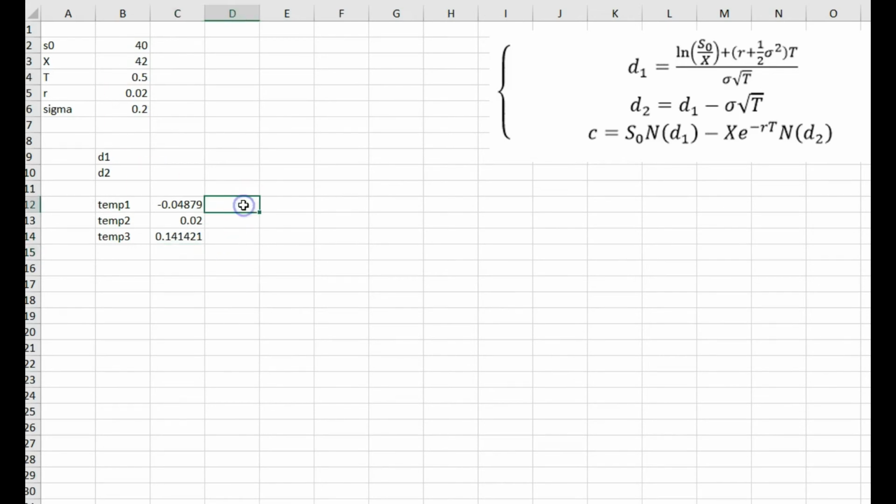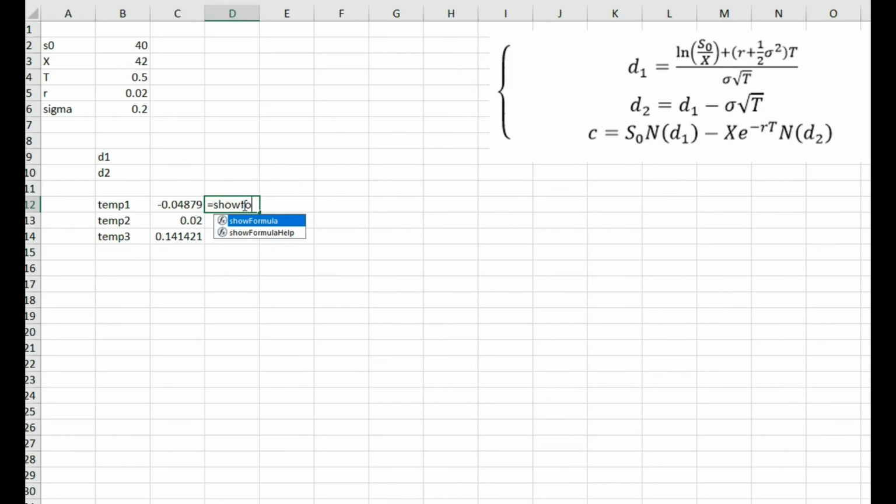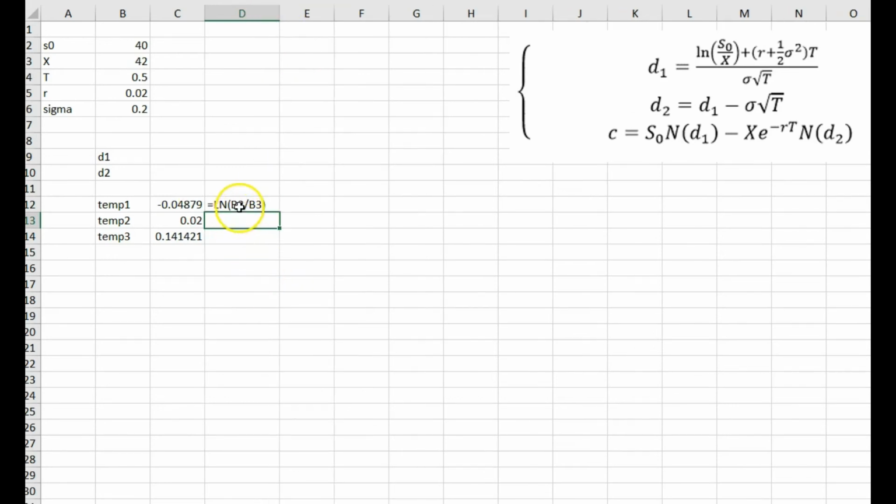We can use show formula to show the formulas. For temp 1, it is log B2 over B3. We can copy and paste. Then we have 3 formulas.